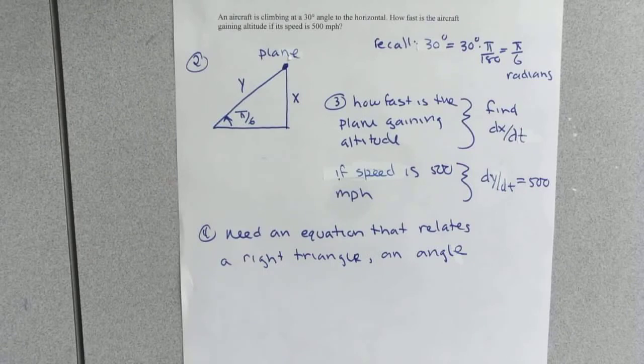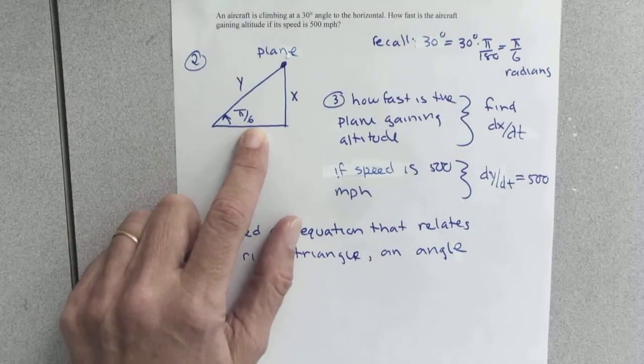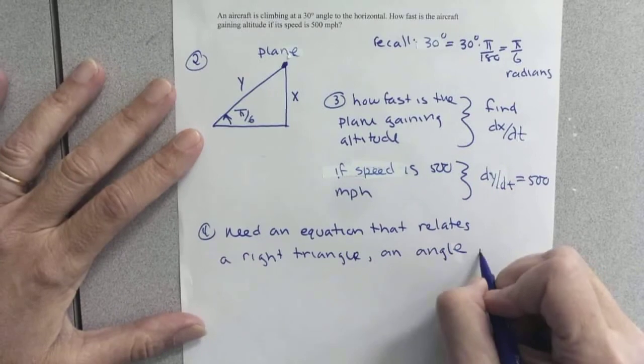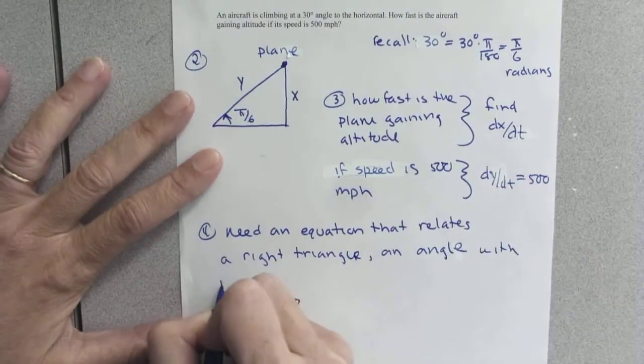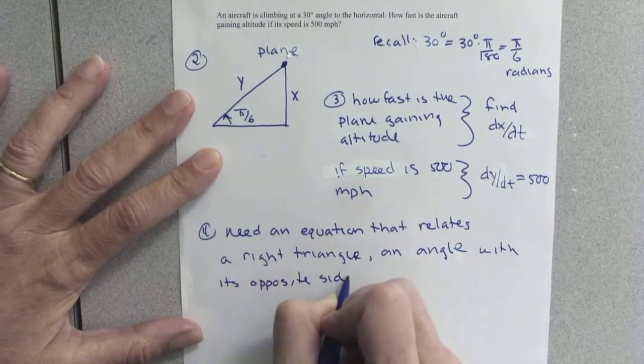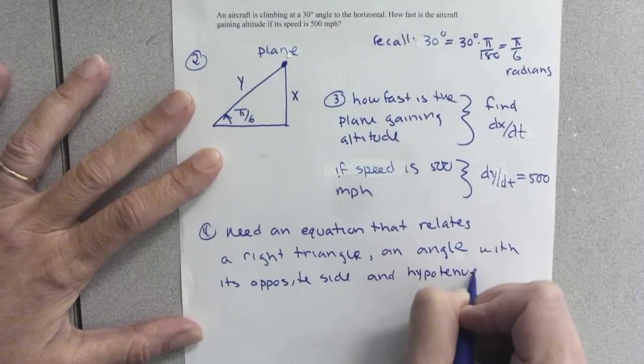Try not to introduce information that they didn't give you any details about. They didn't talk anything about this bottom of the triangle, so try not to introduce it. But what they did give us was a right triangle, an angle, with its opposite side and hypotenuse.